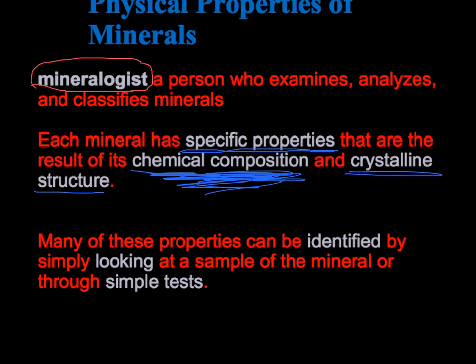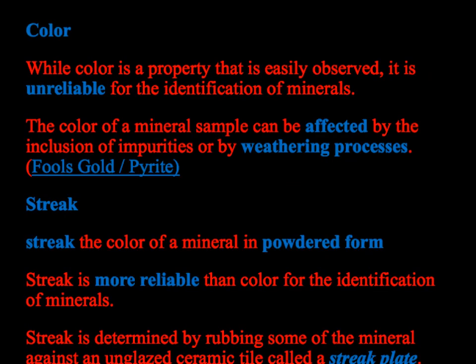All right, so we can just do simple tests by looking at the minerals or by testing them with fairly common chemicals to identify a lot of these minerals. Pretty simple means. The easiest thing to observe is color. And color is very unreliable.